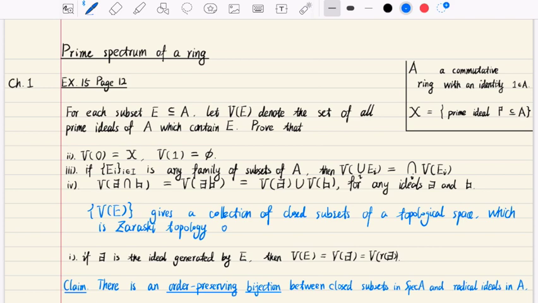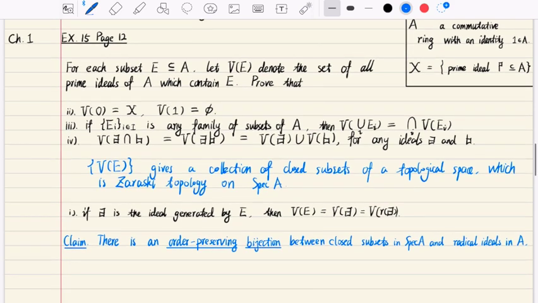The prime spectrum. But for the first question, we need to think it over.